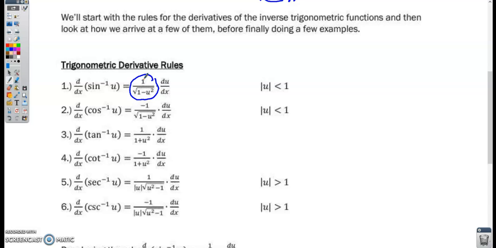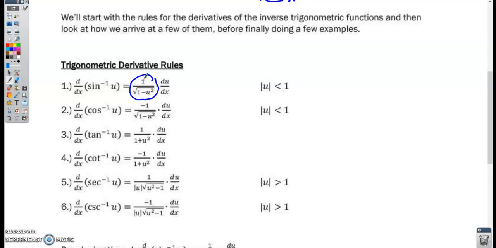But you should also notice some similarities between our formulas here for the various derivatives. The derivative of the arc sine and the derivative of the arc cosine are the same, except they differ by a negative sign. And the derivative of the arc tangent and the derivative of the arc cotangent, same exact thing, except they differ by a negative sign.